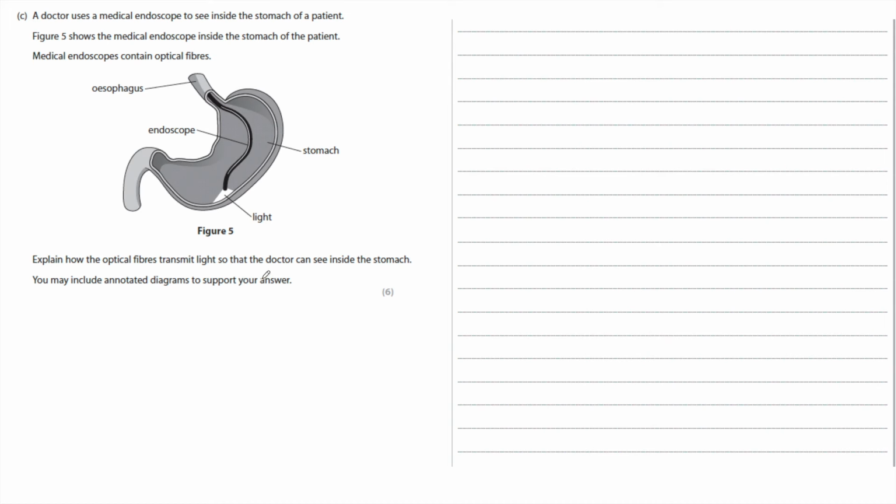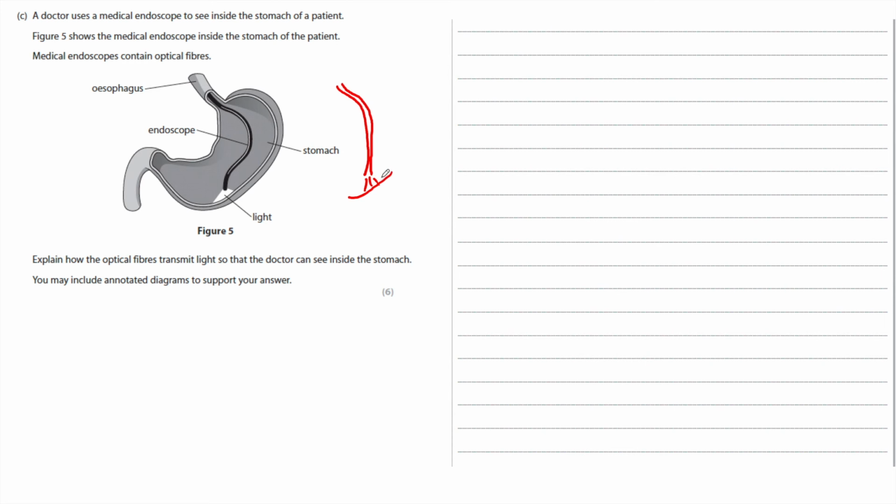So before you put pen to paper, think very carefully about what you're going to say. First of all, you've got to have two different bundles of optical fibre. The first bundle of optical fibres gets the light down into the stomach to illuminate the stomach wall. Those are the cheaper types of bundle because they don't have to be coherent, which means they can all be jumbled up. They've just got to light this area.